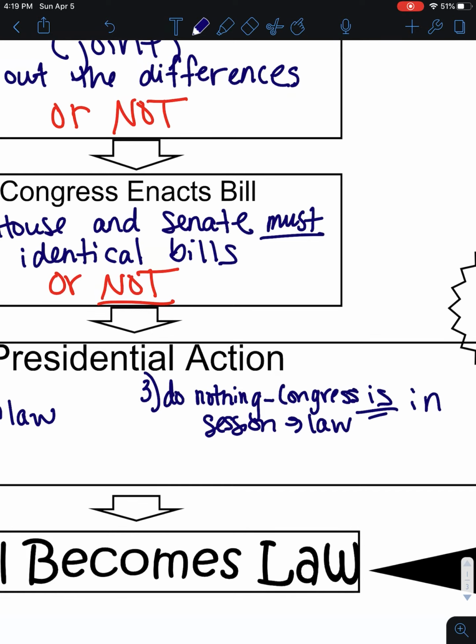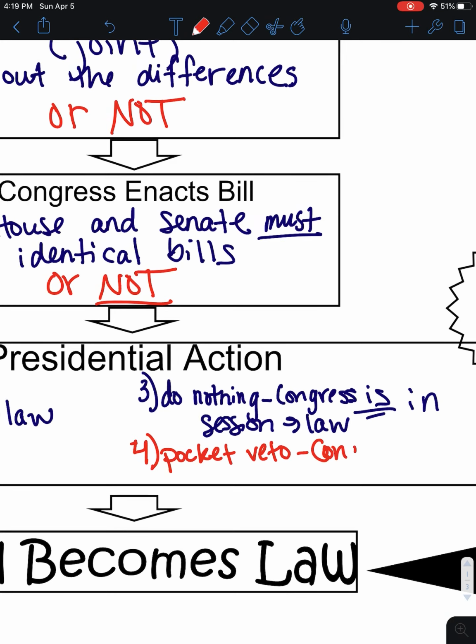But there is something called a pocket veto. What this means is that the president doesn't do anything, but Congress is not in session. Okay.